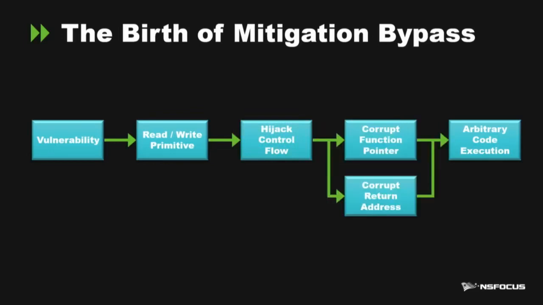Either corrupt a function pointer or corrupt the return address on the stack. Both can lead to arbitrary code execution. That's the very classical mitigation bypass technique, and it has been used for many years.